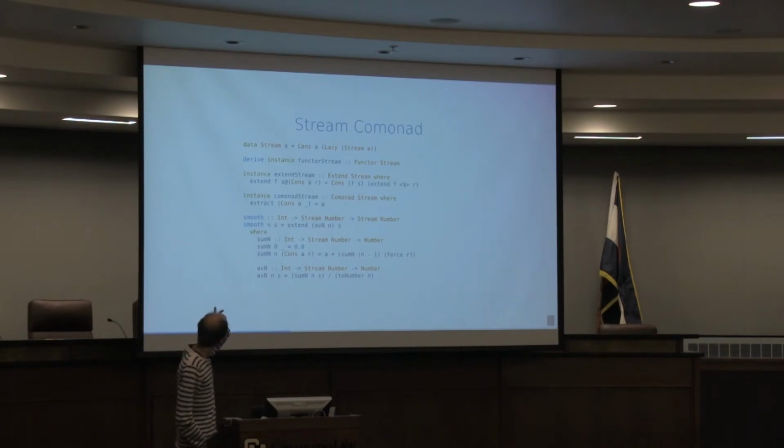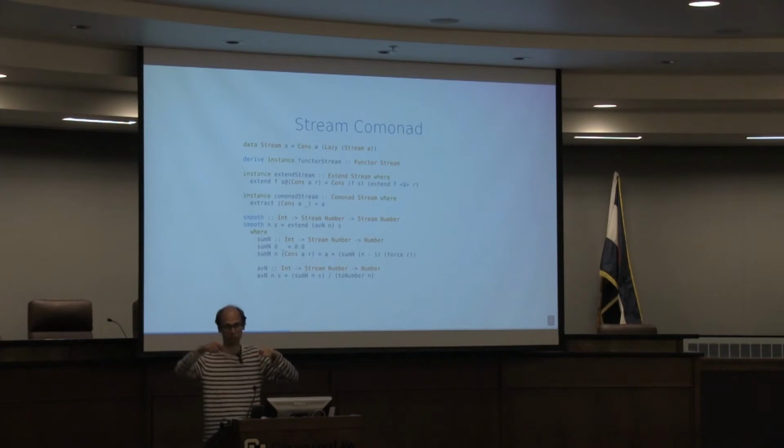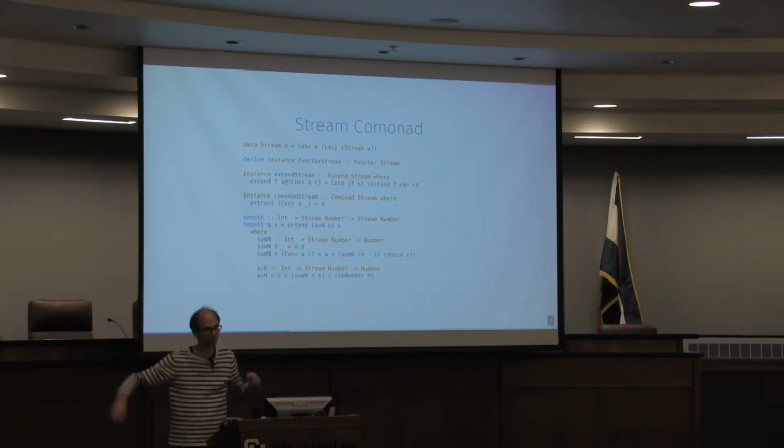So it's a functor. You can derive it, and the functor structure just maps over the A's and all the A's that are coming later in the stream.